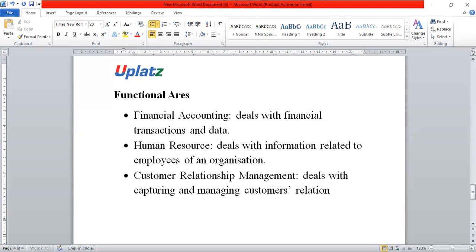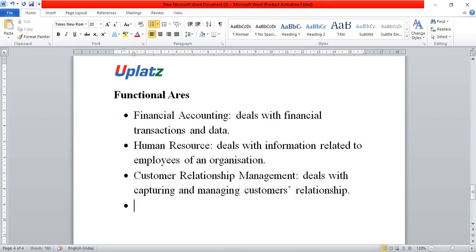So this customer relationship management is one functional area. Its main responsibility is to have a very good customer relationship.